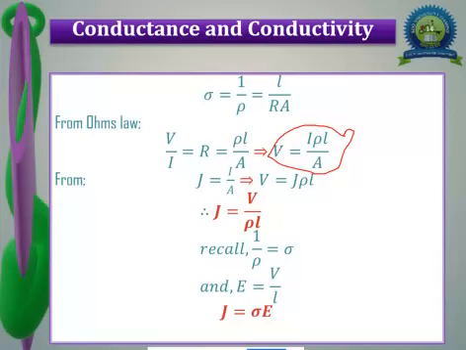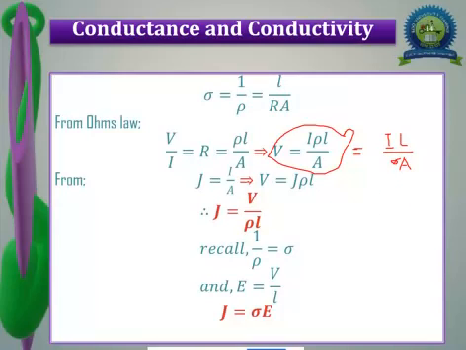The applied voltage can be calculated as I rho L over A. You can also go further and express this in terms of sigma: it will be I L divided by sigma A. Do you agree with me?